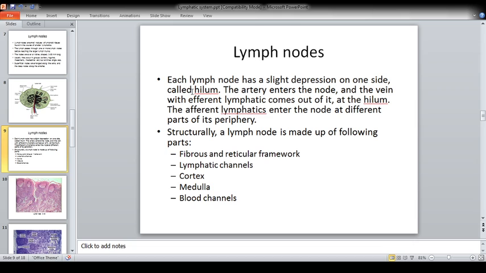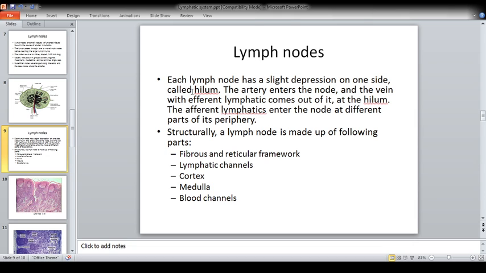So the main structure of the lymph node, the shape of the lymph node, is maintained by this fibrous and reticular framework. Then there are small lymphatic channels, some channels which are entering or afferent channels, A for ana, afferent, and then efferent channels which are exiting the lymph node.